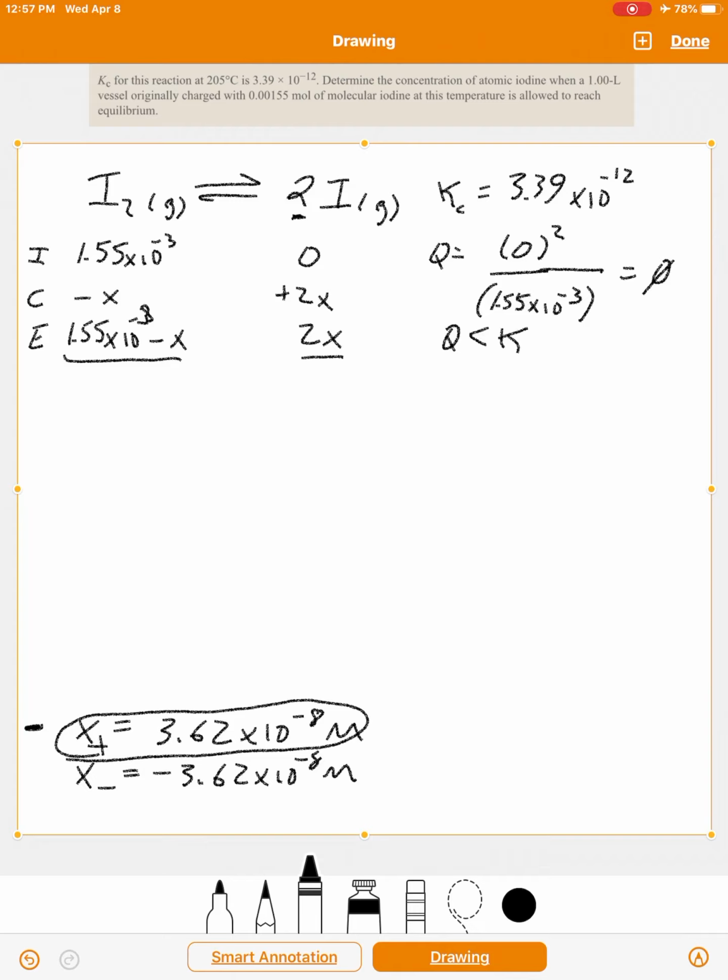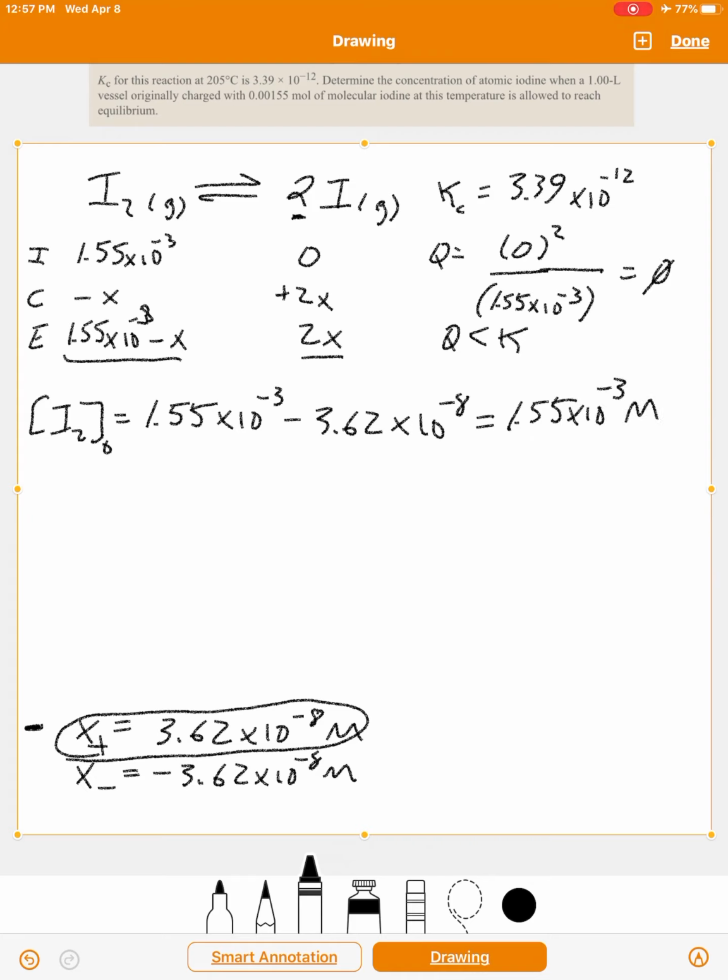So the concentration of I2 at equilibrium would be 1.55 times 10 to the minus 3 minus 3.62 times 10 to the minus 8, my mistake. Now, if you run that through your calculator, you're going to get 1.55 times 10 to the minus 3.